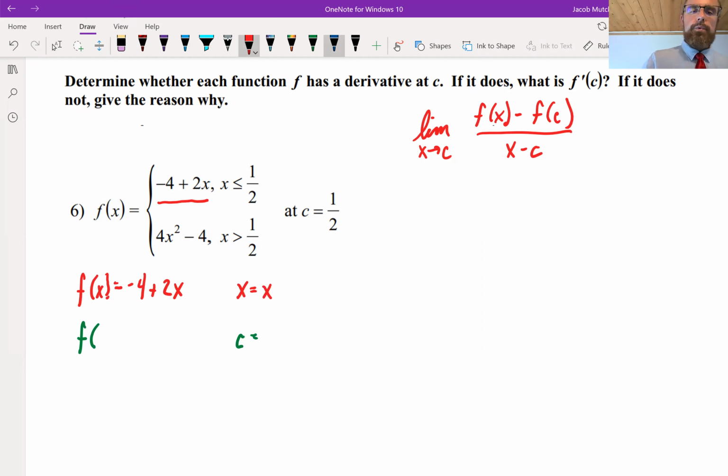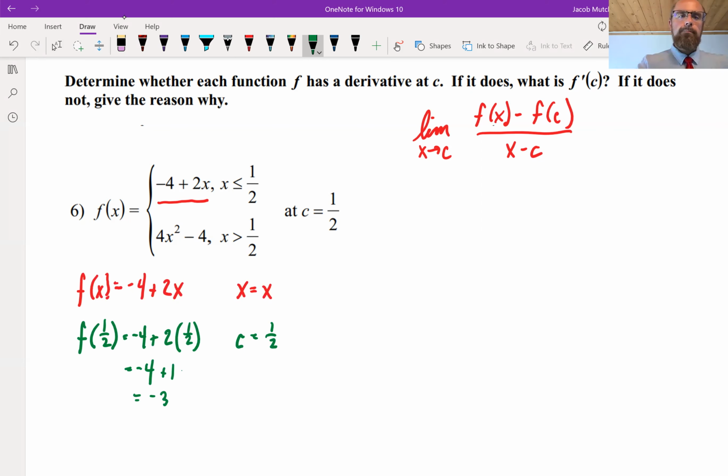C is 1/2. So I'm calculating f at half. So I'm going to plug that in. It's -4 plus 2 times half. Then I just want to simplify that expression. -4, 2 times 1/2 is 1, so plus 1 has the value of -3. So I'm ready to set up that left-hand limit.